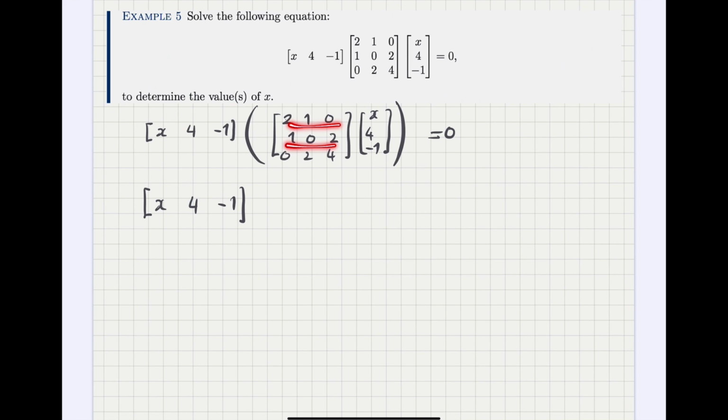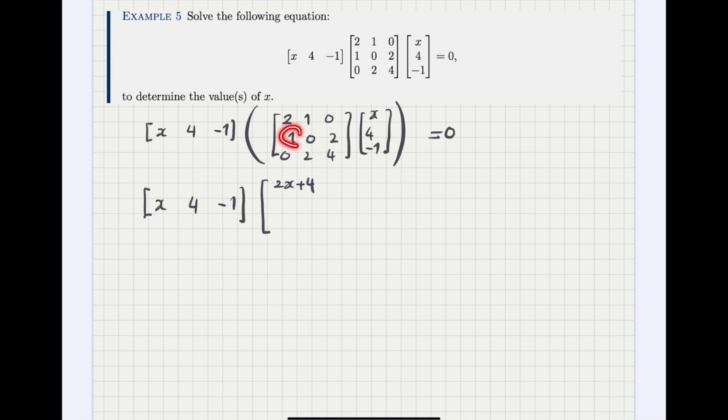I decompose these two rows and each row by the column, yes? The first one times the first one, the second one times the second one, the third one times the third one. And I have to add them. The first one is 2x, the second one is 4, the third one is 0. So the first entry is 2x plus 4.